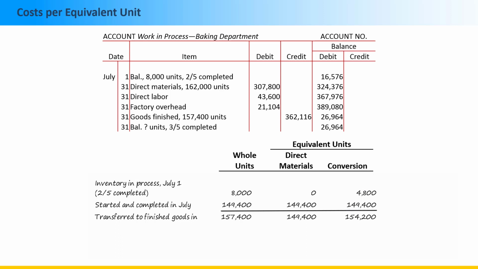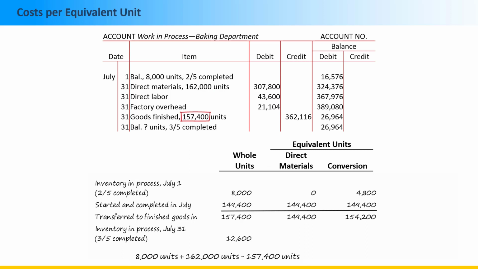154,200. The units of ending work in process inventory are 12,600, which is calculated by adding the beginning inventory of 8,000 plus units of raw materials placed into production during July of 162,000 and deducting units finished during July of 157,400. The 12,600 units are 100% complete as to materials.